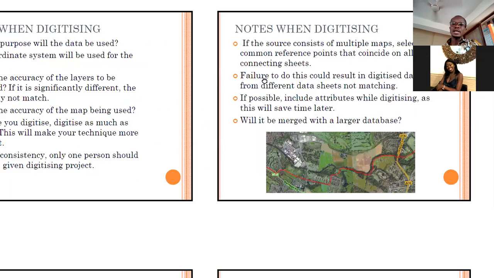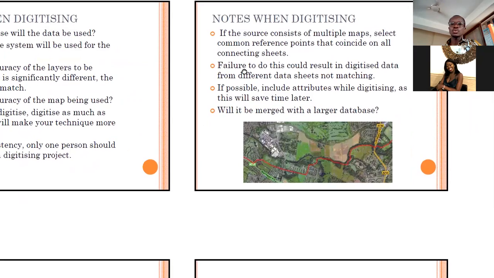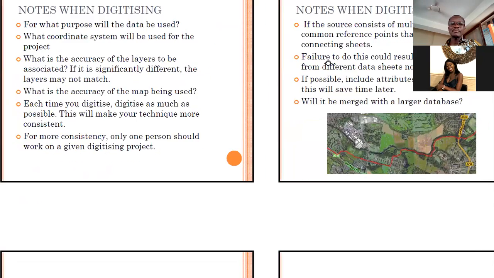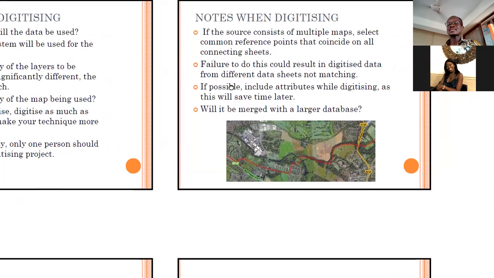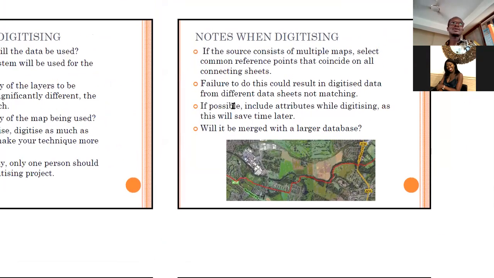You also need to consider if there are several maps to be digitized. One person should be digitizing at a time, not someone does it and the other person says, let me just try it. You don't do that, for consistency's sake. And you should consider using common reference points between different sheets of paper.